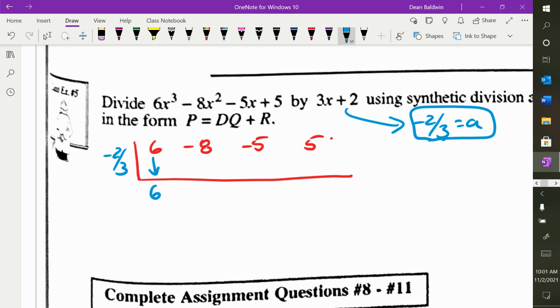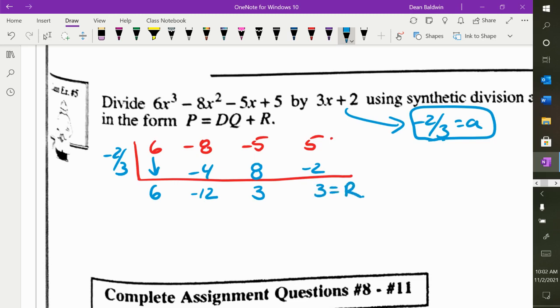What's 6 times 2? -12 divided by 3? -4. -8, -4 is? -12 times -2/3. 24 divided by 3? 8. -5 plus 8. 3 times -2/3. Negative. 5 plus -2. What's that number?